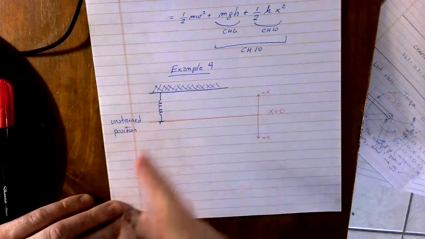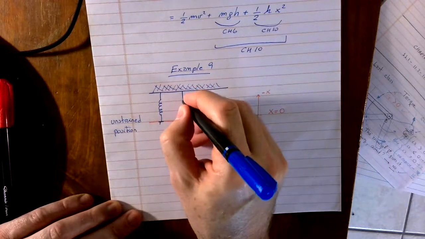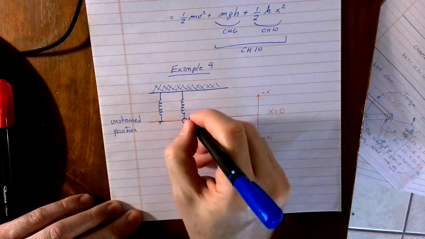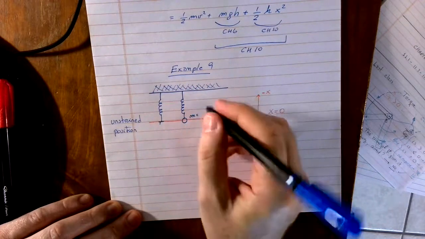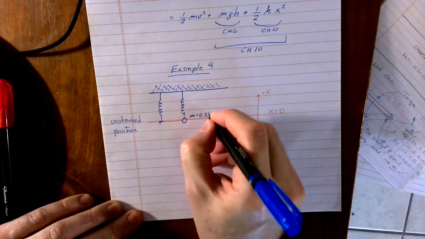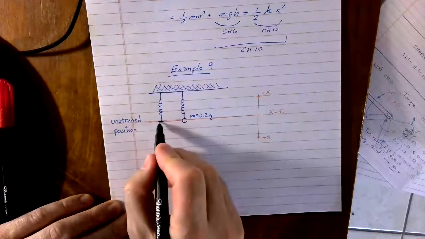So this is not actually the initial point, because the initial point is when we attach a ball here. We attach a mass. Here there is a mass which is 0.2 kilos. As soon as I attach the mass, here there is nothing, right?